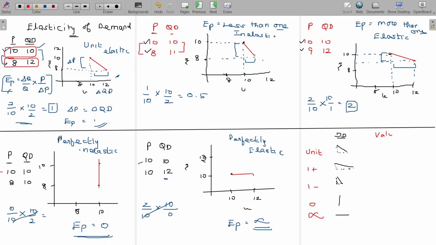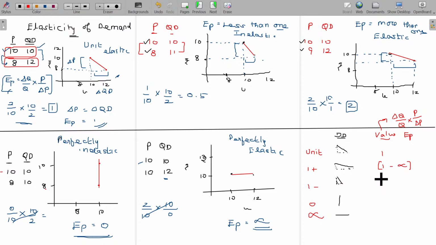Then, how about the value? Value is nothing but elasticity of demand with respect to the price, EP. Change in quantity divided by existing quantity, multiplied by existing price divided by change in price is the formula here. Unit means it should be 1. More than 1 means it should be more than 1 but less than infinity, anywhere in between.